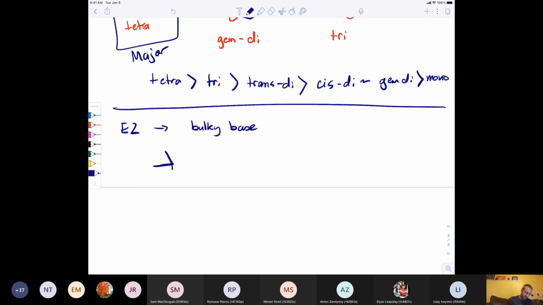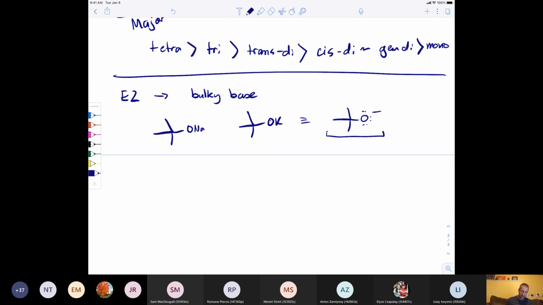In fact, we almost always use the same bulky base, tert-butoxide. Basically, this is equivalent to O minus, so you have a bulky alkoxide. These have a hard time doing the Zaitsev elimination. So instead, these do Hofmann, which is the opposite. It gives you the least stable alkene.